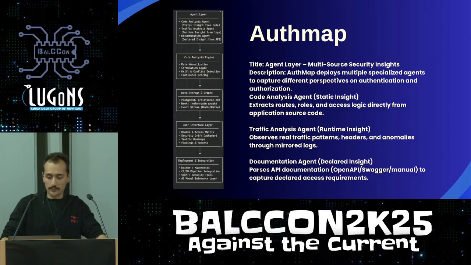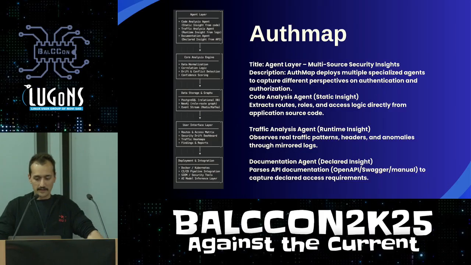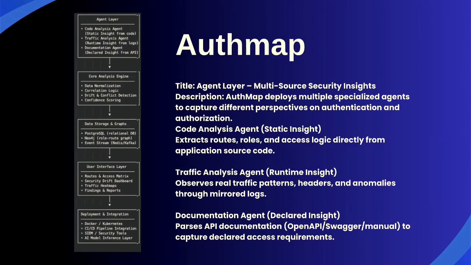So AuthMap consists of 5 different layers. For the agent layer, we have 3 agents that are deployed. The first agent is the code analysis agent, which extracts routes, roles, and access logic directly from the application source code itself.